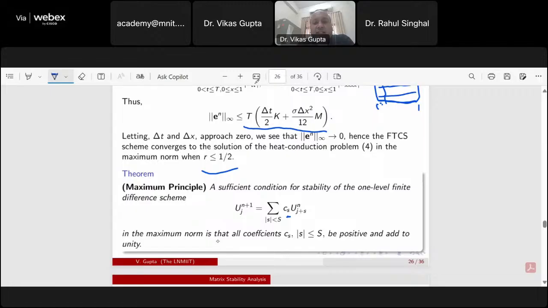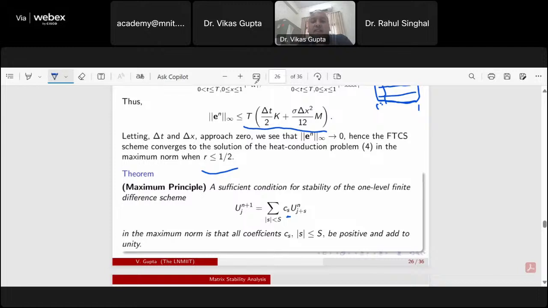We already saw that for our FTCS scheme, the coefficients are r and 1 minus 2r, and if the condition r less than or equal to 1 by 2 holds, then the maximum principle conditions are satisfied. r is positive, 1 minus 2r is also positive if r lies in the semi-open interval 0 to 1 by 2, and if you add them, the sum is equal to 1.